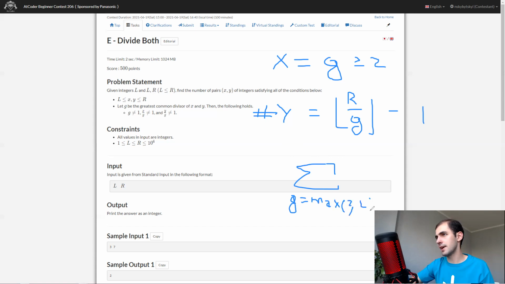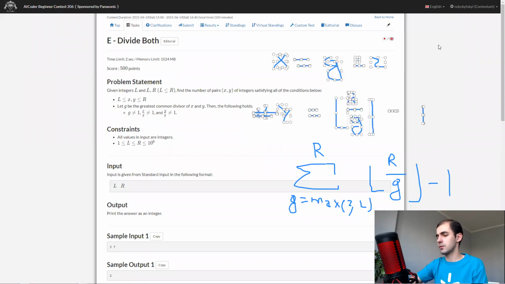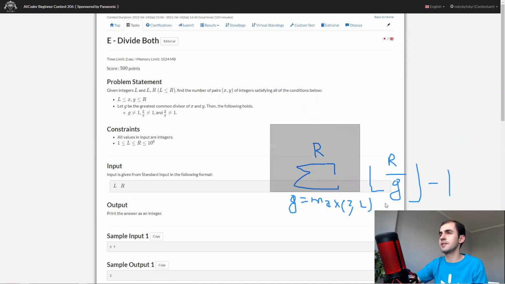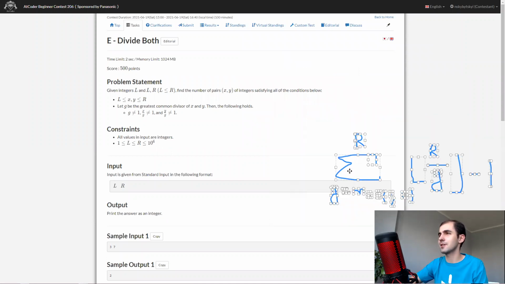Also, it's at least left, right? Go all the way up to right, and we said we count right over g -1. So we kind of tackle the parts of this sum separately.